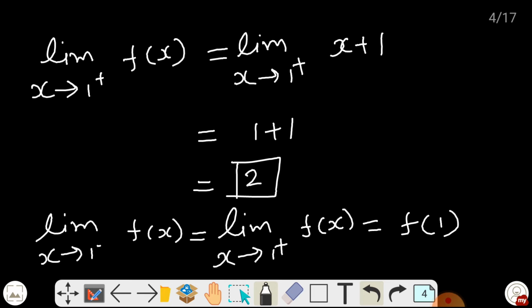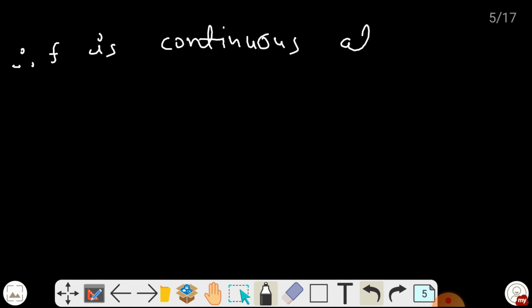So we can say that the function f is continuous at 1.